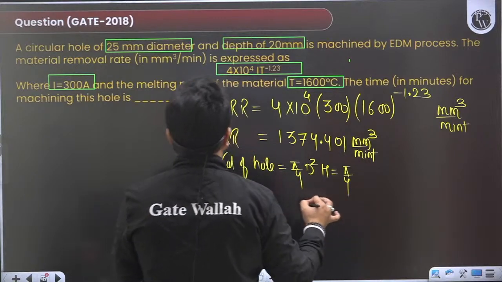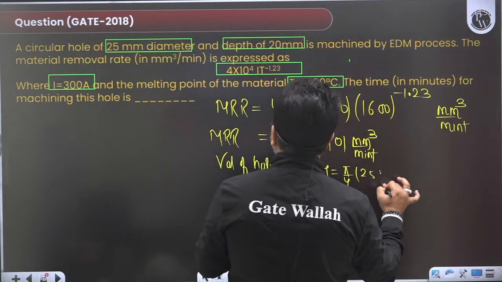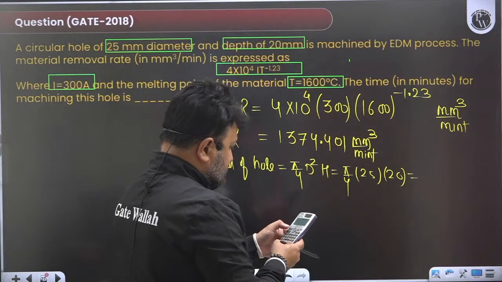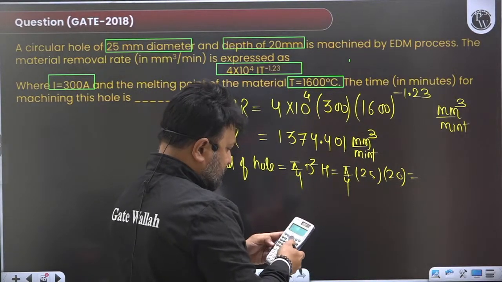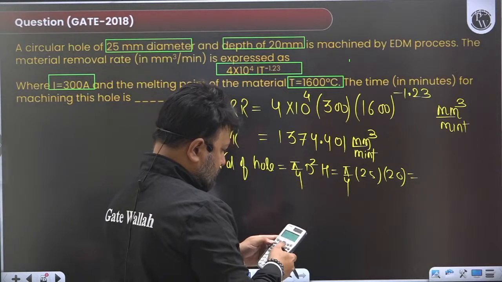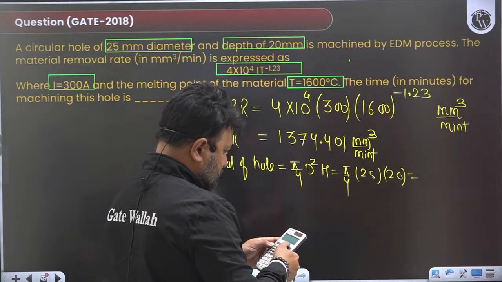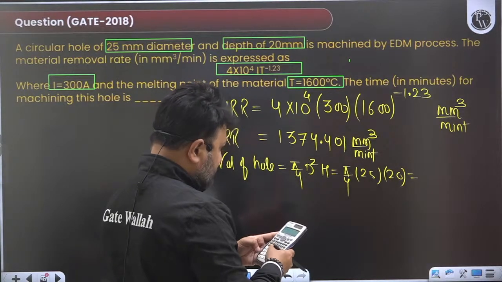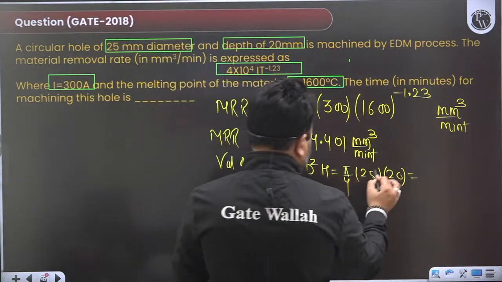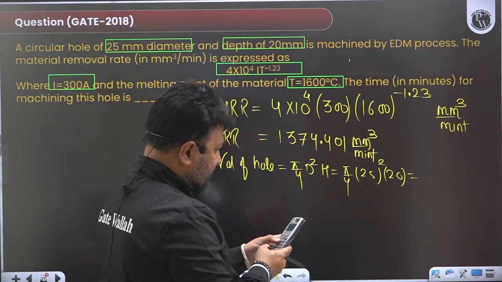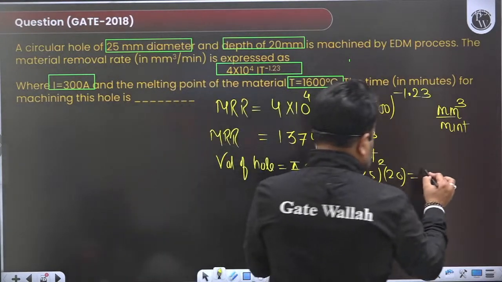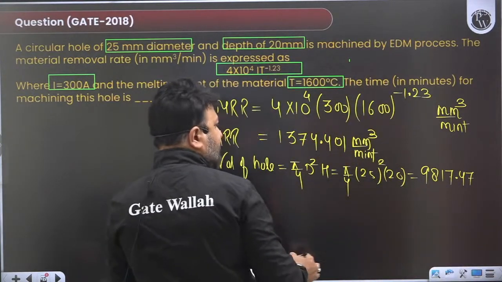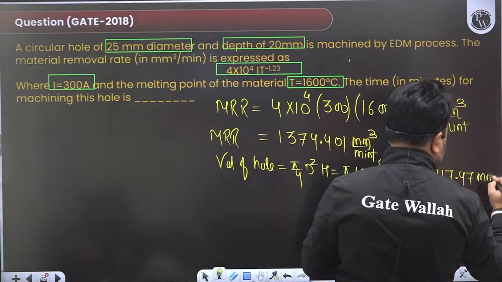So pi by 4 into 25 square into 20. So 9817.47 mm³ of material gets removed.